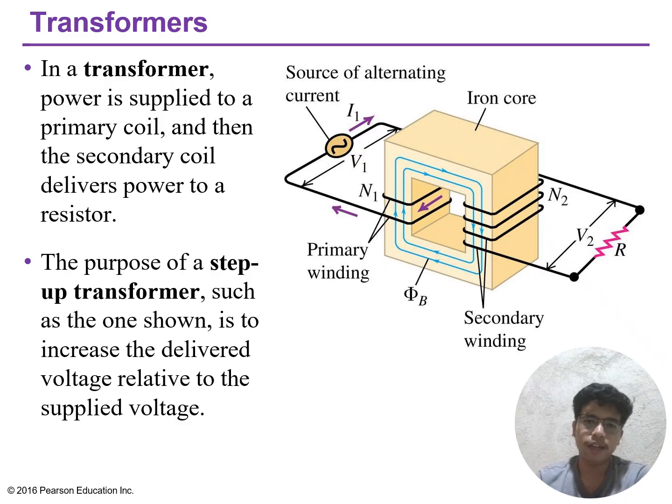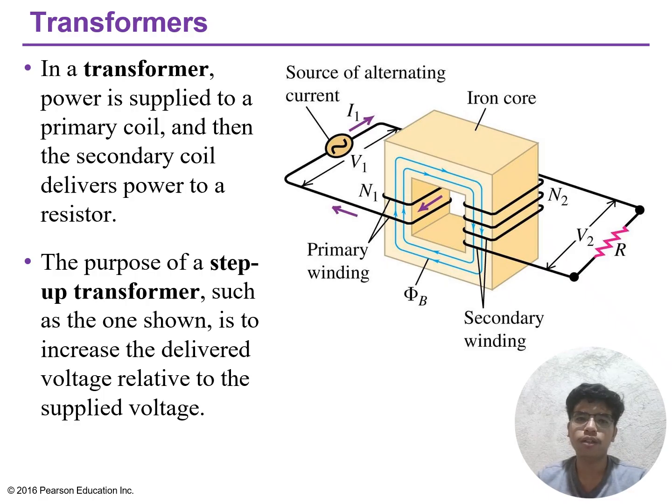Faraday's law governs operation: the induced EMF, epsilon, in each coil equals negative N times d phi sub B over dt. So V sub 2 over V sub 1 is equal to N sub 2 over N sub 1. Step-down transformers decrease voltage while increasing current, used for distribution to homes.